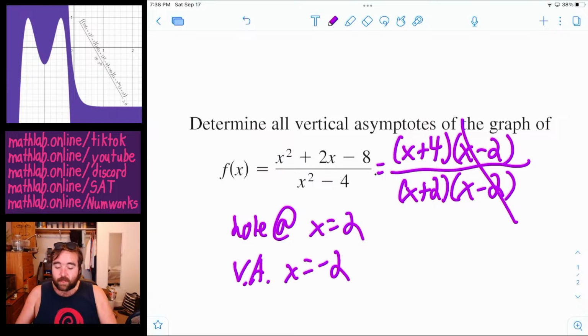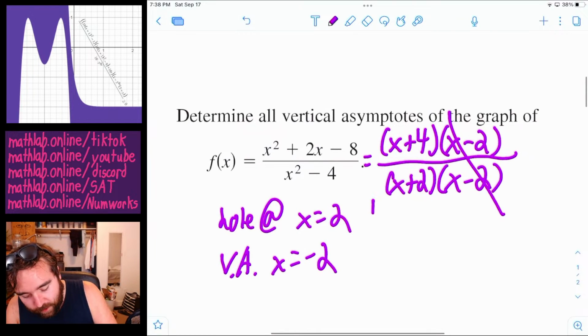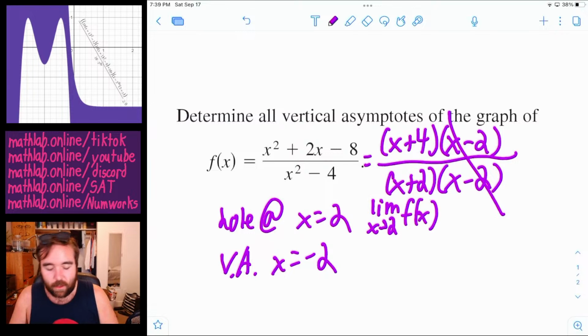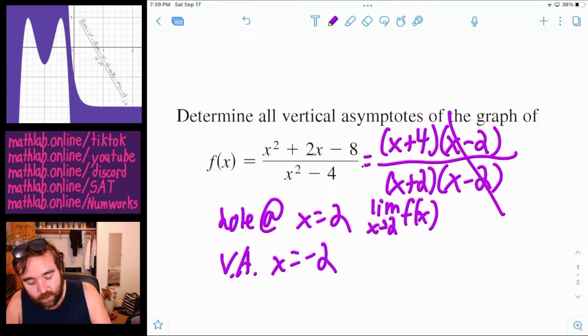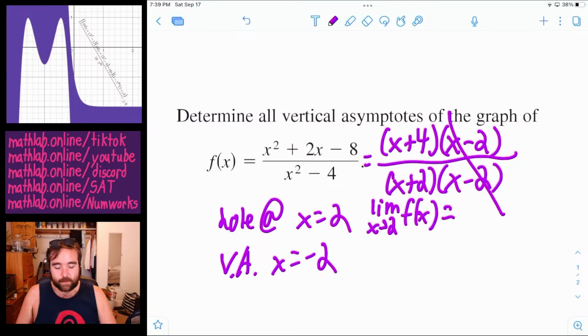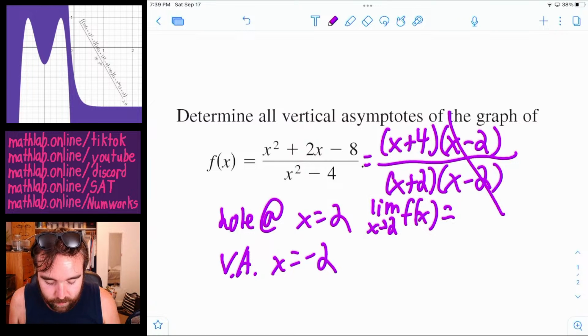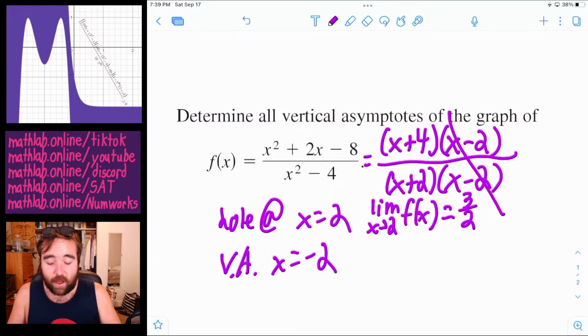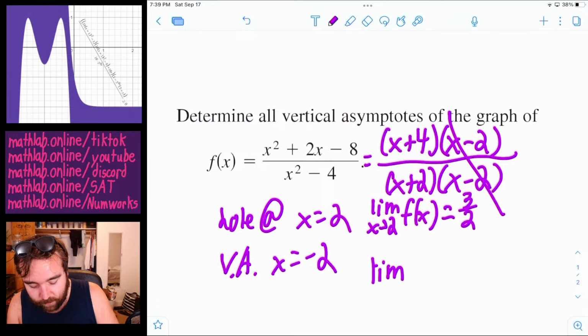And you think back to limits of how these limits always work. The limit of this function as x approaches 2 of f of x, it exists. We can actually say what it's equal to, because now that we canceled out the x minus 2, we can just plug in 2 and see that it's equal to 6 over 4 or 3/2. So since the limit is defined at that x value, there's definitely not a vertical asymptote there. However, as x approaches -2, we see that's still a problem.